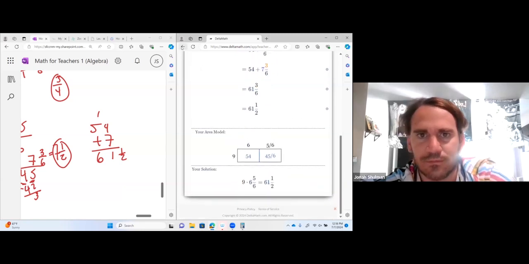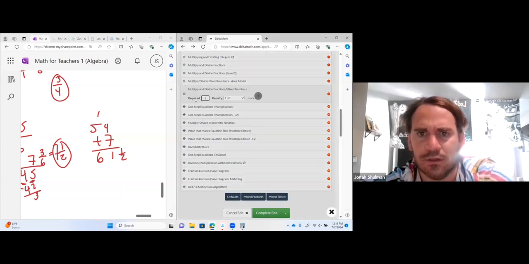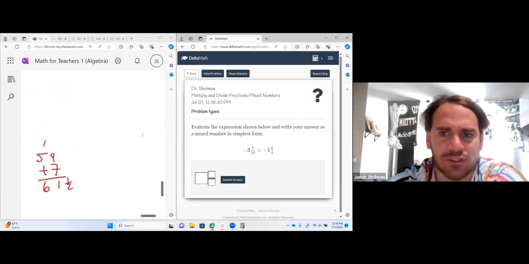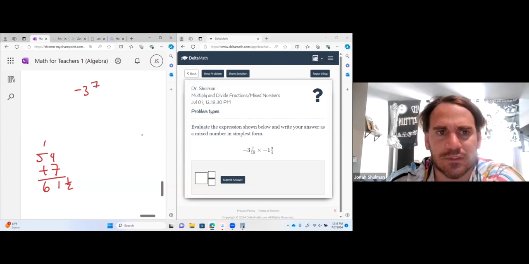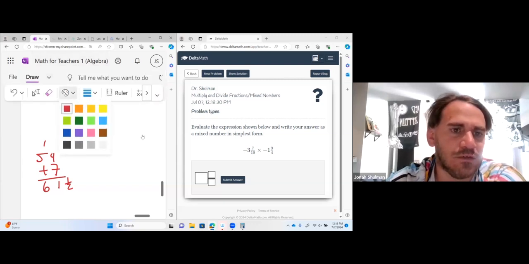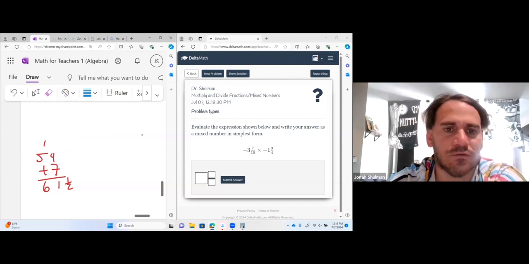Cool. All right, let's keep it going. Now I got fractions and mixed numbers with integers. So this one's -3 and 7/10 times negative 1 3/4. So the first thing you got to tell your students is, guess what? Two negatives, they make a positive, right?